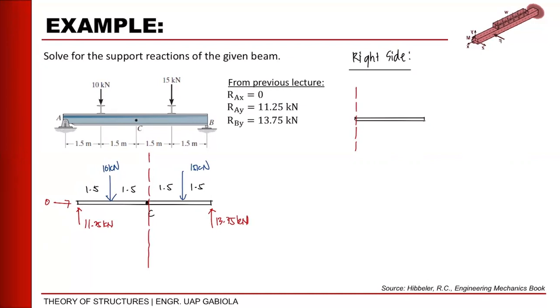Okay? So, we have a reaction dito. And then, okay? So, this is 15 kilonewton. Then, this is 13.75 kilonewton. Then, our distances are 1.5 and 1.5.